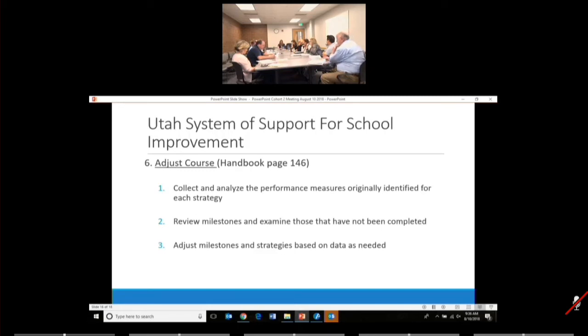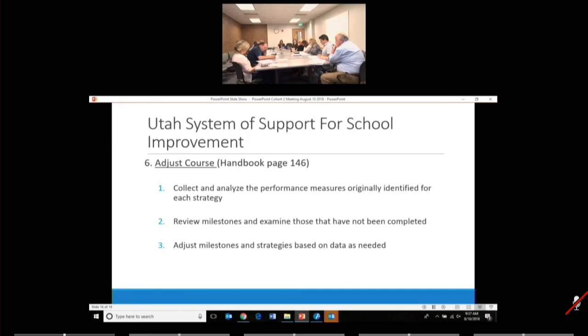Okay, this final tab, step 6, adjusting the course. This is the final tab in the book here. The improvement cycle is iterative and ongoing and provides multiple opportunities for adjustments in implementation. Schools and LEAs may decide to make adjustments based on quarterly monitoring.